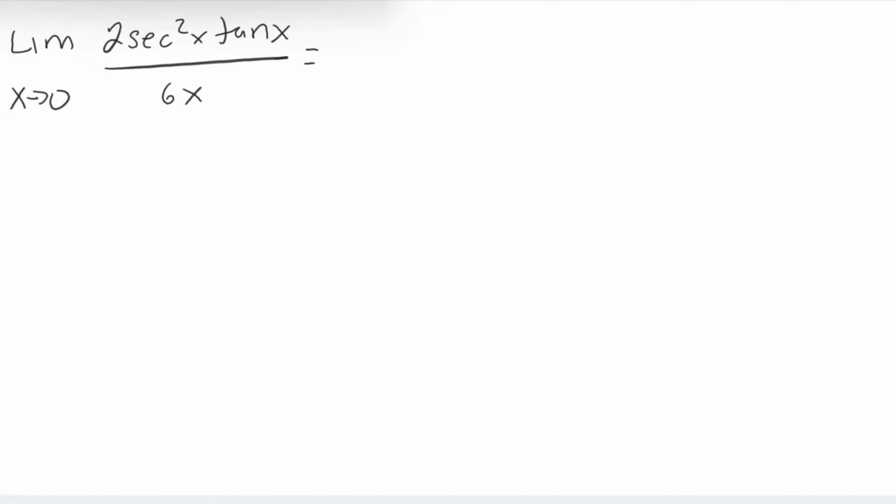Remember, when we start looking at things, we can use the limit rules. And one of the limit rules states that I can break everything up and find the limits of every piece. So I can change this to 1/3 by pulling that straight out. That's the constant, right? 2 over 6 is 1/3.